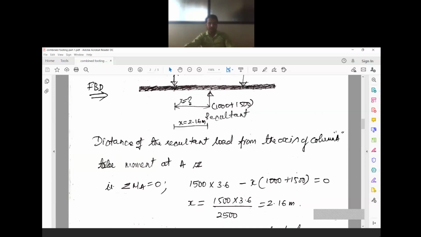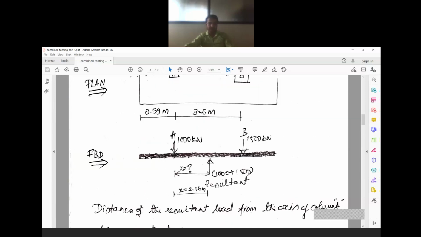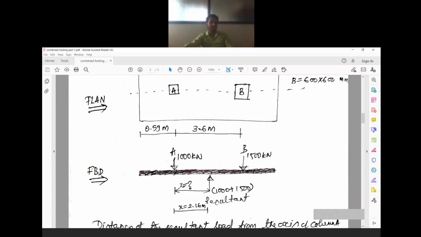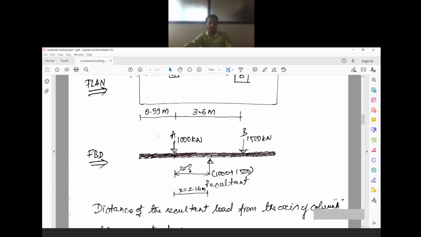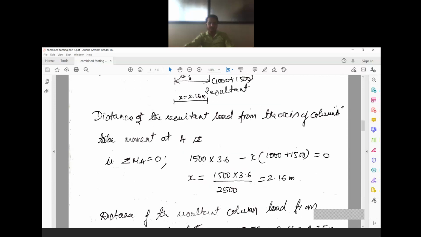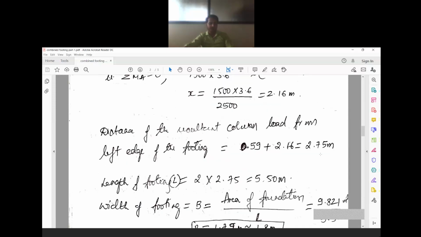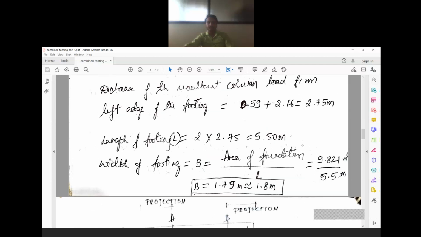So when you add this x distance, the resultant distance from column A, and the projection length, the total length from the centroid of the foundation to the left end of the foundation will be 0.59 plus 2.16, which will come as 2.75 meter. So from this you can calculate length of foundation by multiplying the value by 2. 2 into 2.75, which is 5.5 meter, is the length of the foundation.